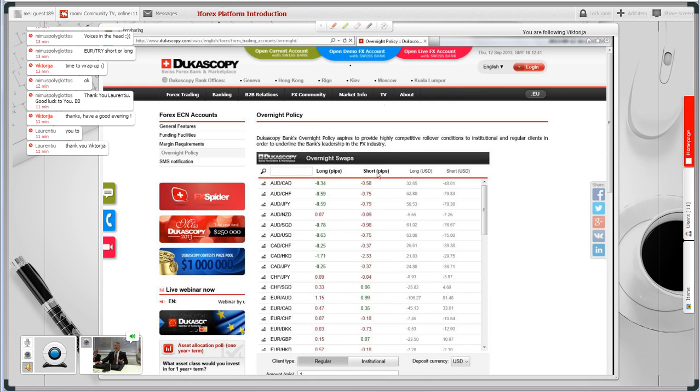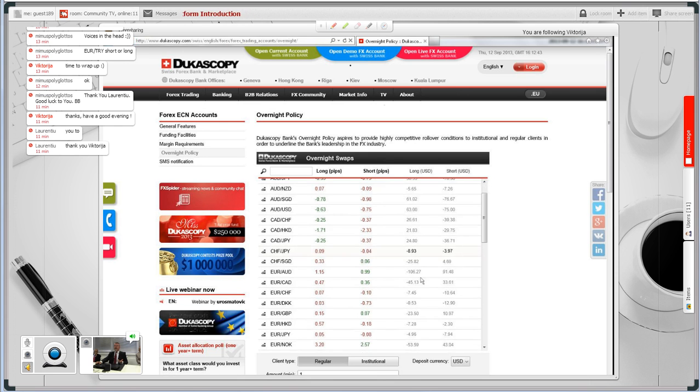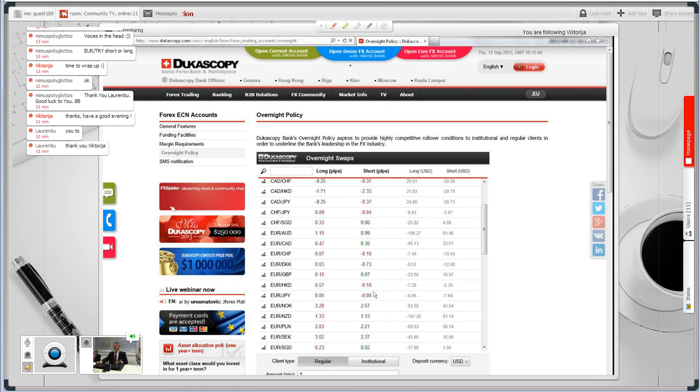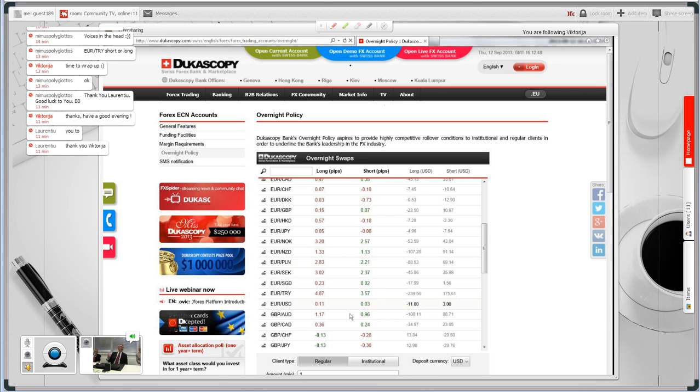So be sure that if you stay long on euro-dollar, for instance, this is the currency we trade, for each million euro-dollar traded, I will charge you $11 if you're short, if you're long, sorry, and I will give you $3 if you're long. But if you're long and short, it costs you $8 for each million euro traded. So understand what is your advantage of paying this $8 every day if you're in a waiting situation.